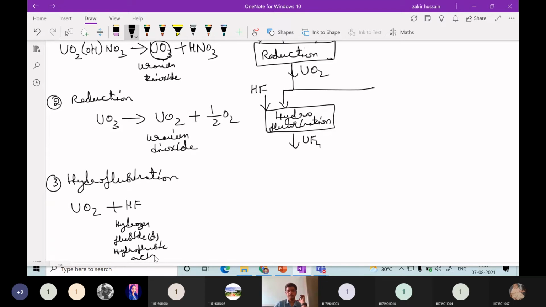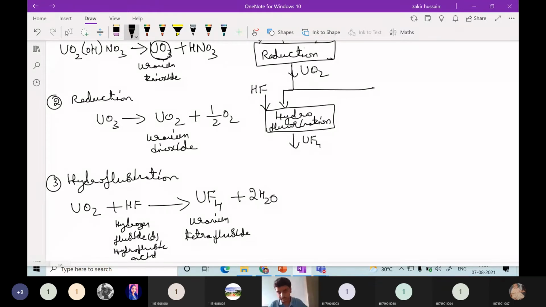Whenever you add this HF to the UO2, it will be converted to UF4, which is nothing but uranium tetrafluoride, along with the liberation of 2H2O molecules.